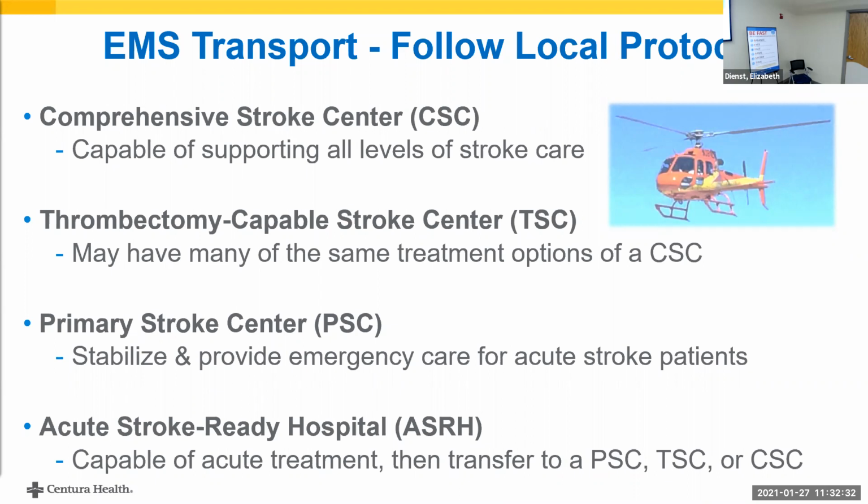They will be able to do all the rehabilitation work. The next level is thrombectomy capable and then comprehensive. And most of the time your thrombectomy and comprehensive, they're pretty similar in all the things that they can do. Again, follow your local protocol.